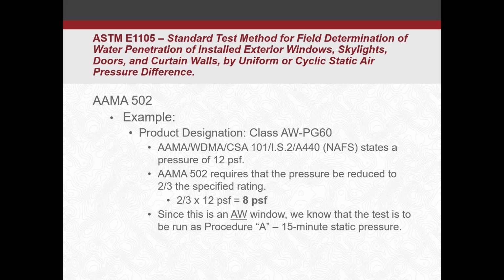So per AAMA 502 would require the test pressure be reduced to 2/3 the specified rating. So 2/3 of 12 would be 8. That would be test pressure. And since this is an AW window, we know that the test will be run at procedure A for 15-minute static pressure, as opposed to the cyclic static.